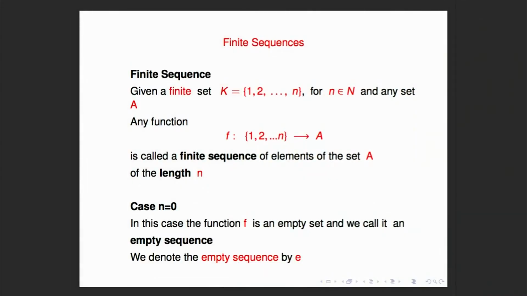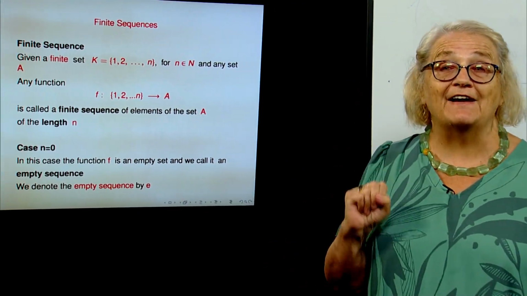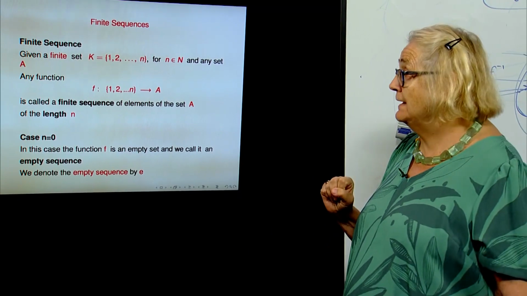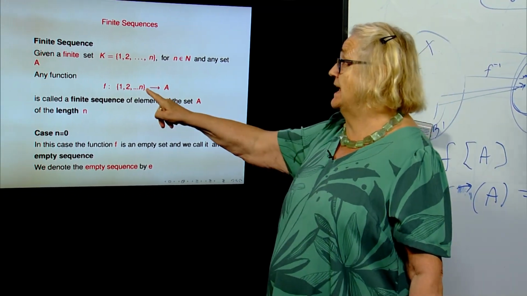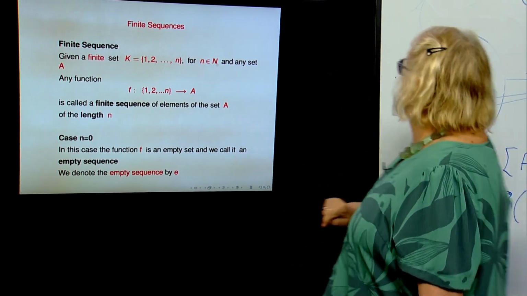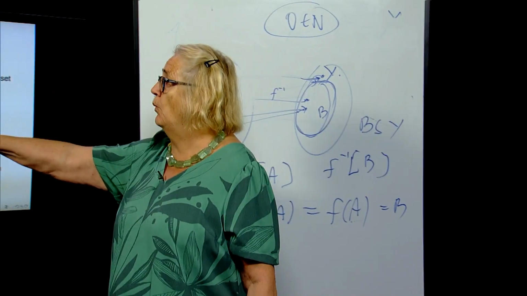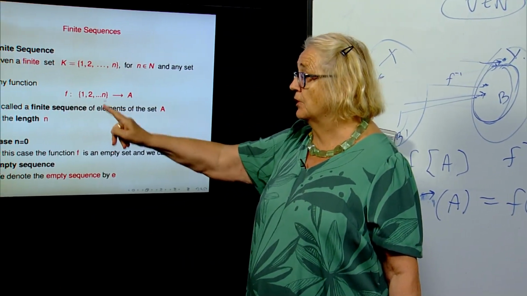And finite sequence, which is also a notion I'm going to use, is a function from the finite set 1 to n, where n is a natural number, into the set A. So this is a finite sequence of elements of A, and this n is the length of the sequence. N is a natural number, and 0 is a natural number. So what happens when n is 0?